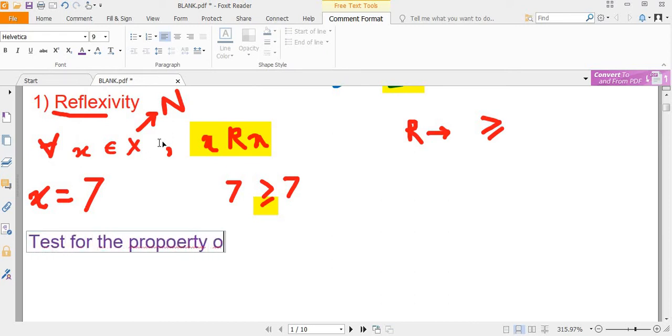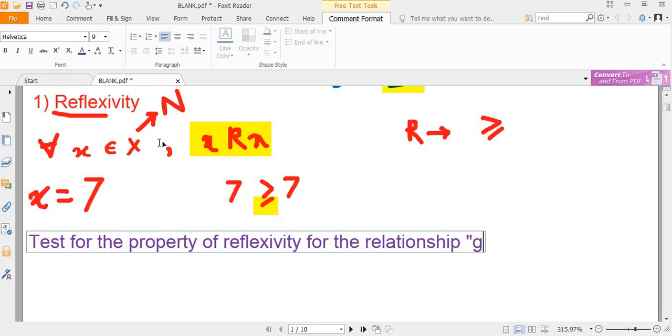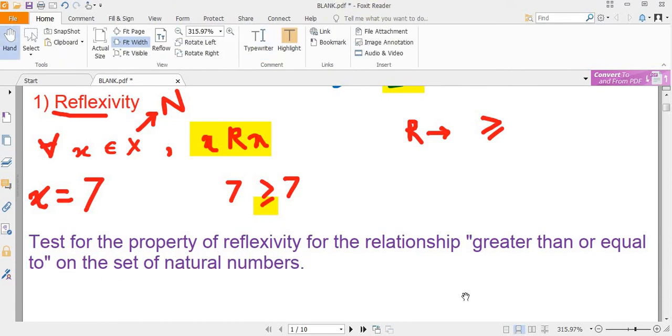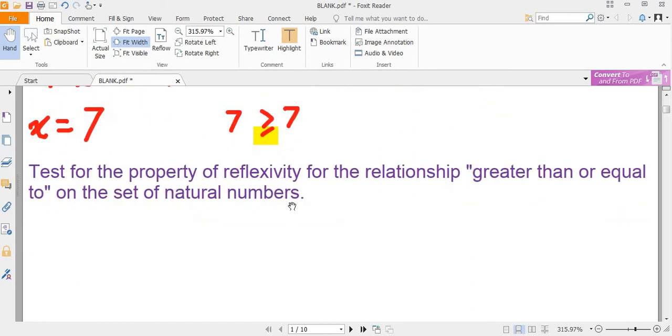So let me say, test for the property of reflexivity for the relationship greater than or equal to on the set of natural numbers.